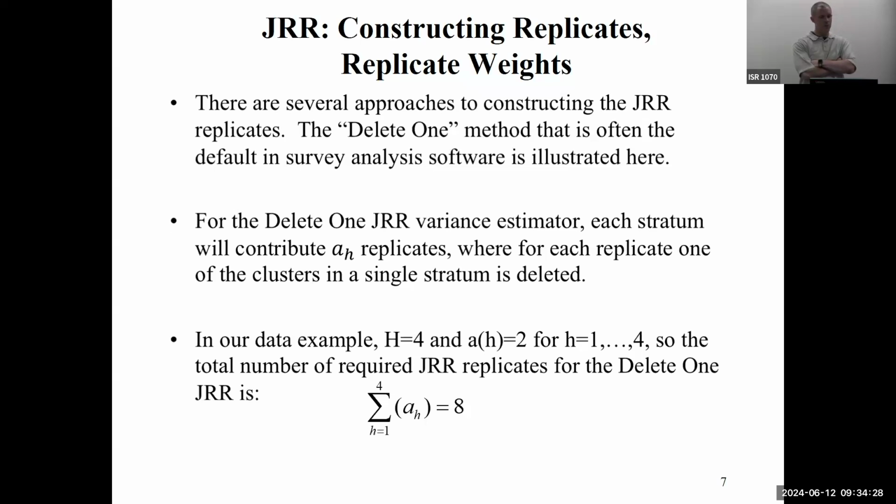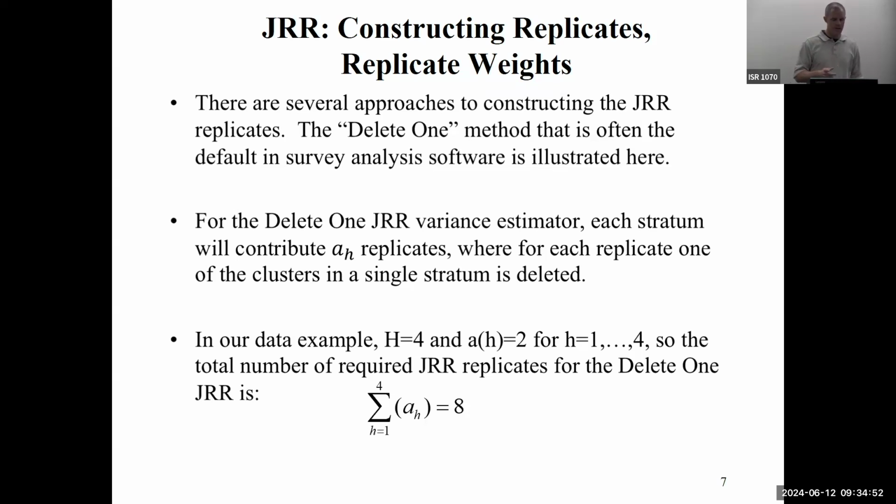So for that delete one jackknife variance estimate, each of the strata contributes A sub H replicates. The number of clusters that were sampled from that stratum, that's how many replicates that particular stratum will contribute to the overall set of replicate samples. And for each replicate, one of the clusters in a given stratum is deleted to form that replicate weight.